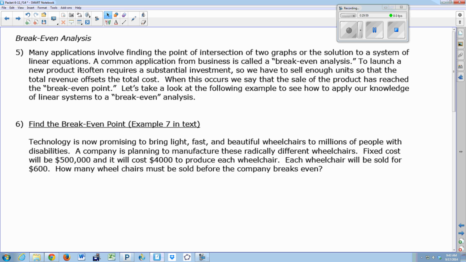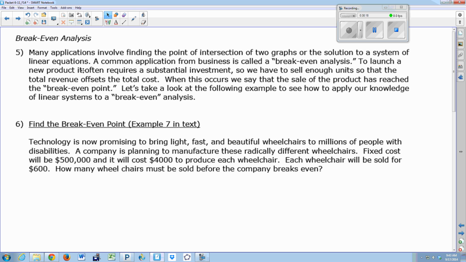And for a while, I might not make any profit because I've put out more money than I'm actually getting in. But at some point, I'm going to have the same amount of money going out as coming in. And then everything after that is golden. It's what we call profit.